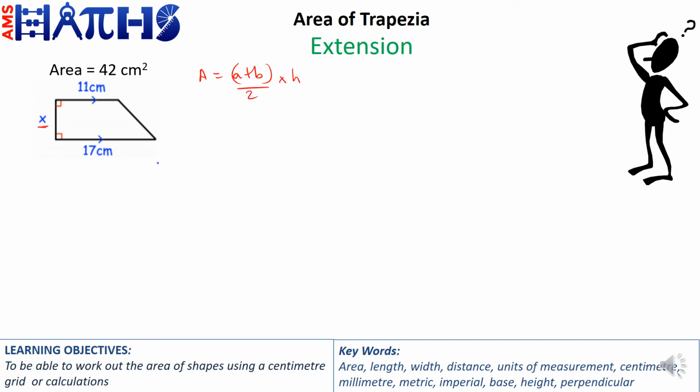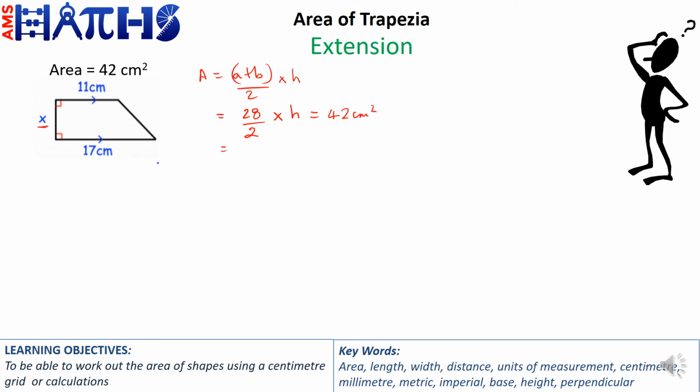We substitute the information as given. The parallel sides are 11 and 17. When we add them together, we get 28. We divide that by 2 and multiply by the height, which we need to find, and that should give us the area, 42 centimeters squared.